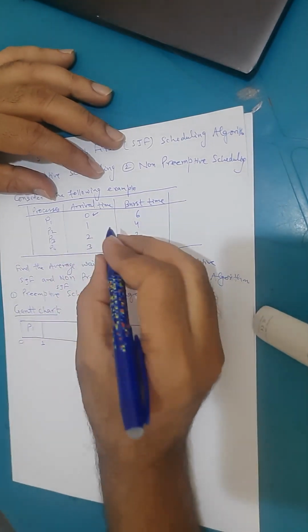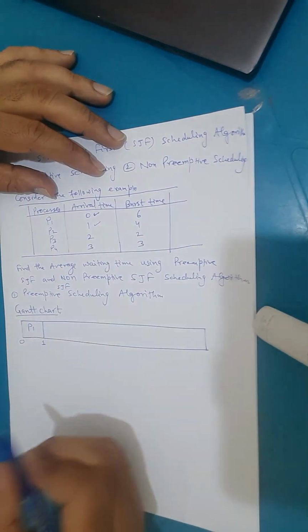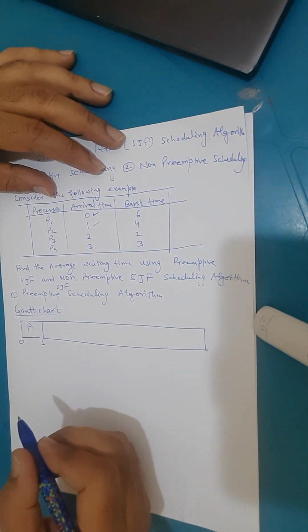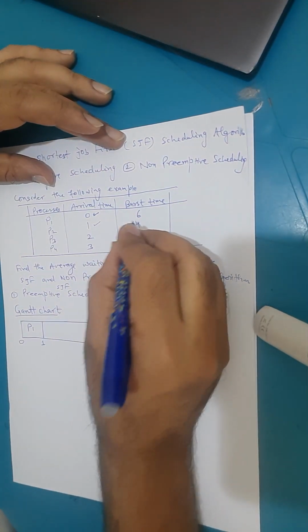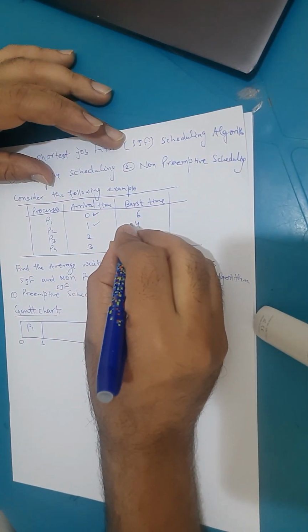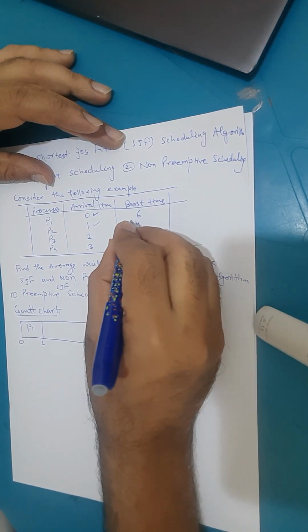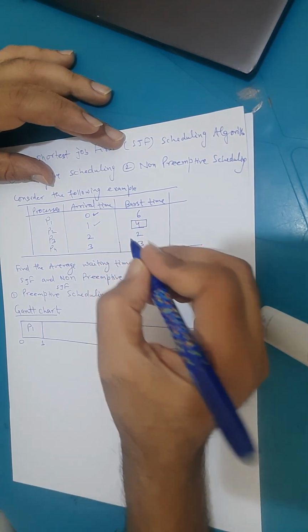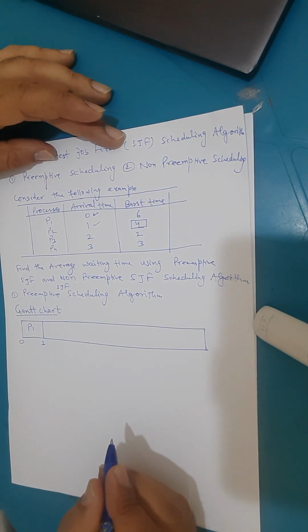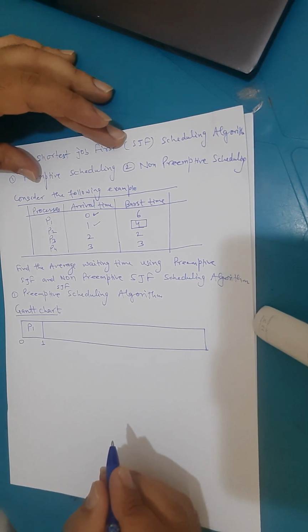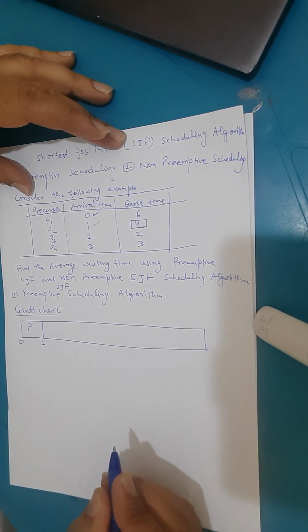At 1, there are two processes in the system, P1 and P2. So which process will execute now? Because P2 has the shortest burst time, P2 will execute first. In shortest job first algorithm, you will check the burst time. Minimum burst time process will execute first, right?